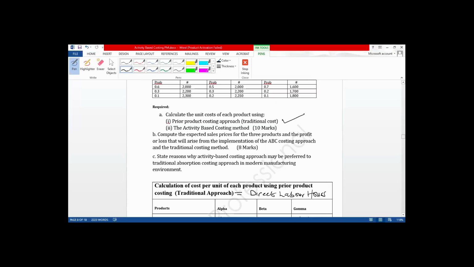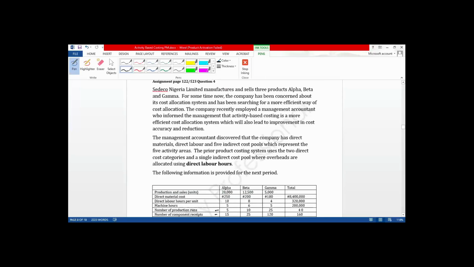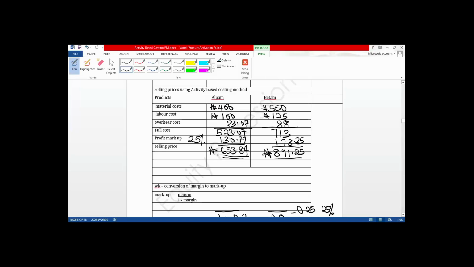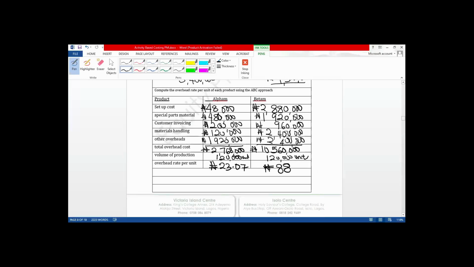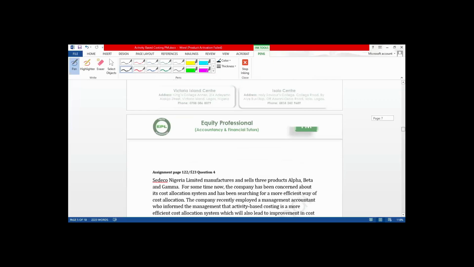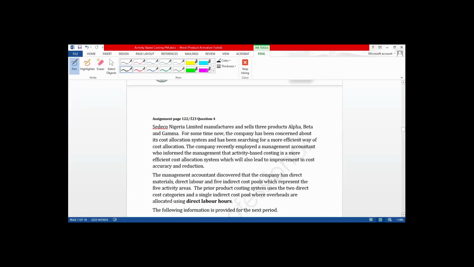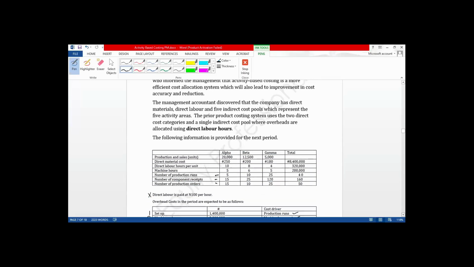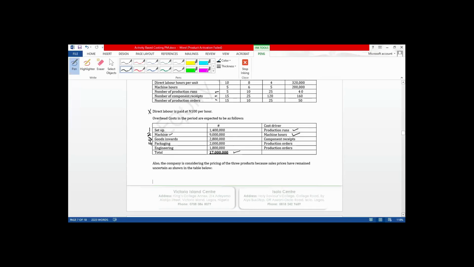Now let's go to calculation of selling prices. Look at it here, please. Examiner says, look at that paragraph after your overhead cost.